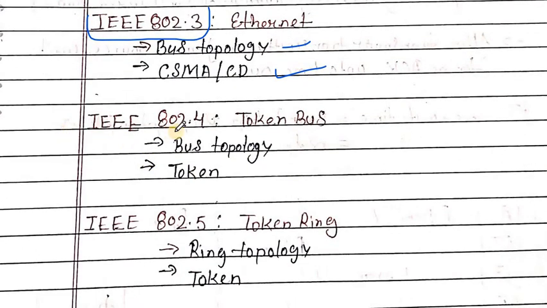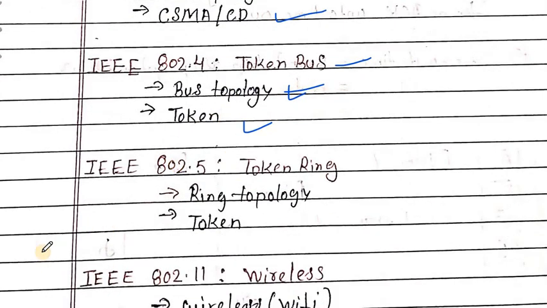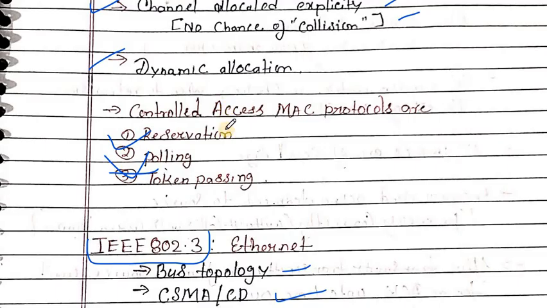IEEE 802.4 is token bus, which uses bus topology, and the token method is used, token passing, which is part of taking turn.